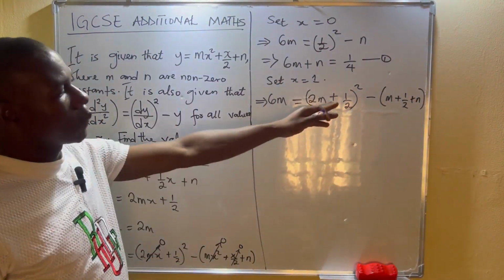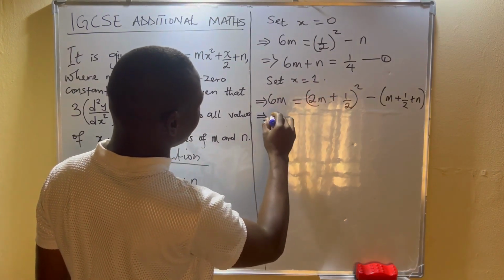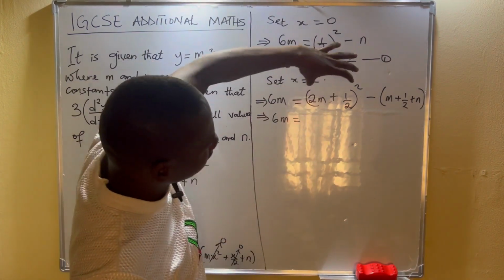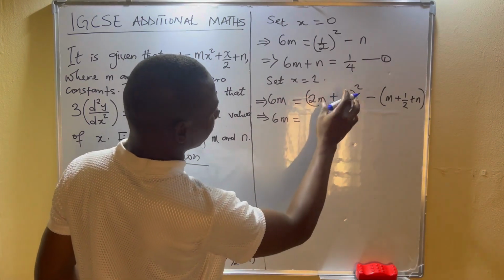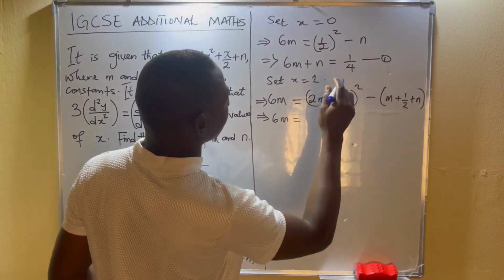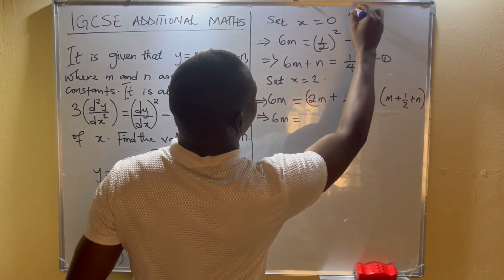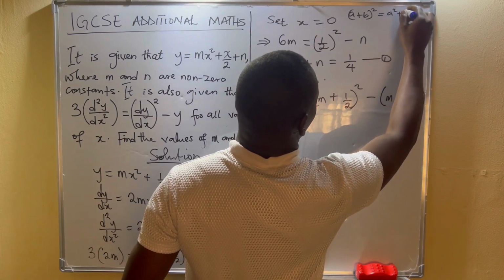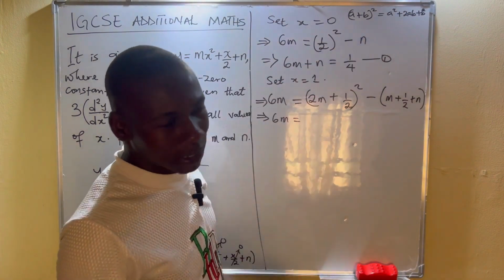So if I simplify further, we have that 6m will be, let me expand this. If I expand this, this is what I will have. Using this property, if you have a plus b all squared, this is equal to a squared plus 2ab plus b squared. So I will apply that here.